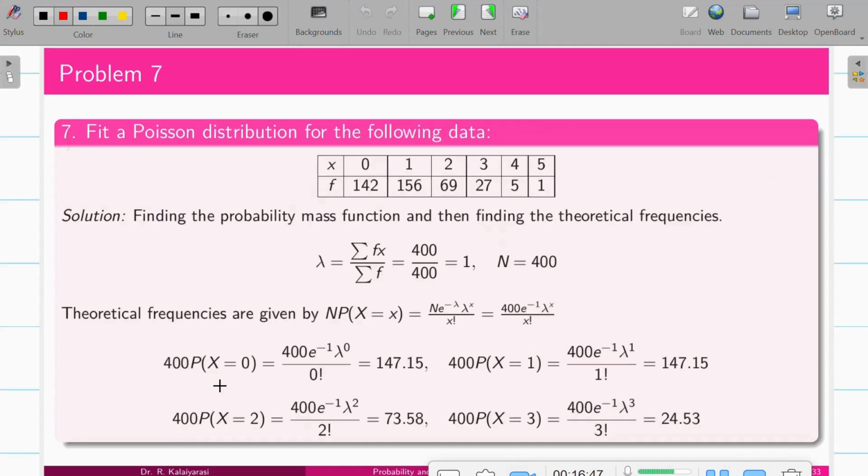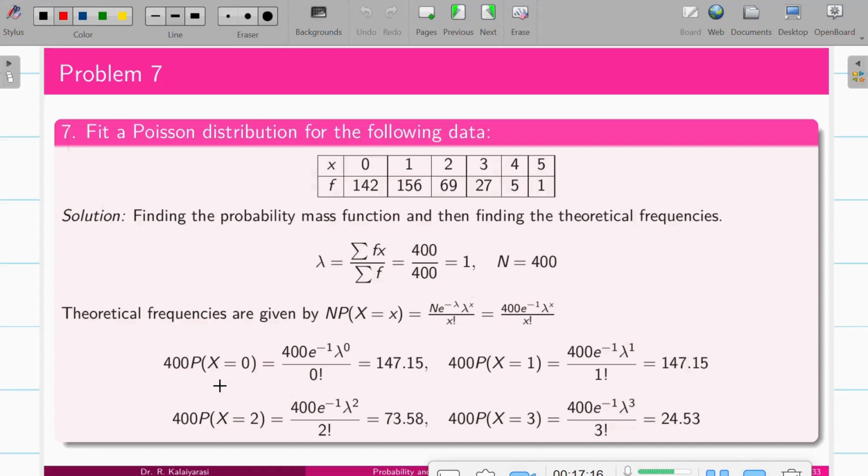Now let me go for the next very important idea, fitting a Poisson distribution. Similarly to how we did it in the binomial distribution, we are going to do the same thing: fitting the given data into a distribution, changing the distribution alone.